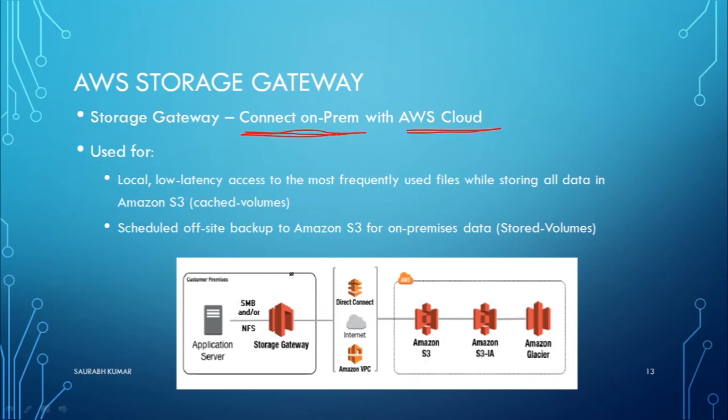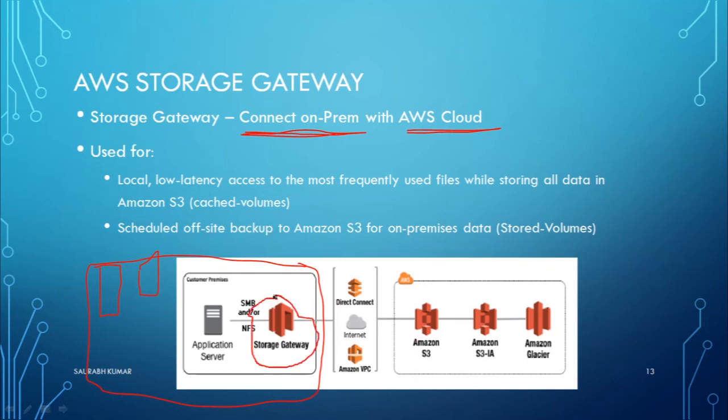Maybe there is a company which has on premises infrastructure, with one application server, one file server, maybe one NFS storage. So whatever data you have on premises, within your organization or your branch office, if you want very low latency to upload this data to Amazon storage, then you can use a storage gateway.